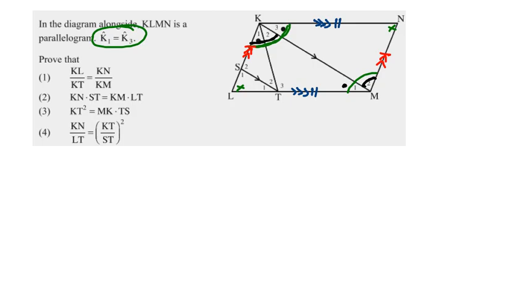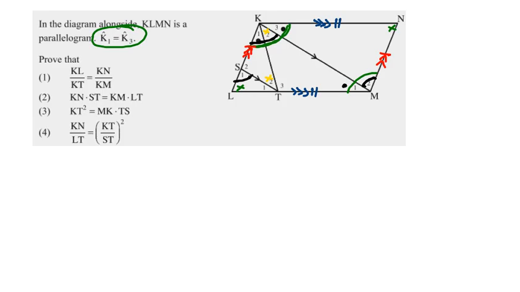For this one, it is quite important to note that the angle K1 and K2 corresponds with the angle S1. There is an F shape forming there. But not only that, I also note that the angle K2 actually alternates with T2. I have not even considered co-interior angles, but they are there.